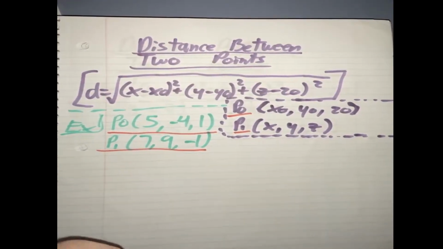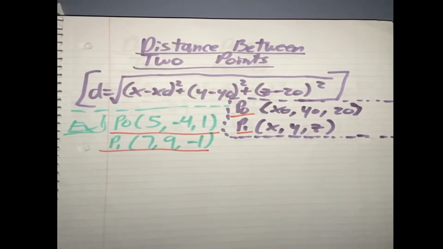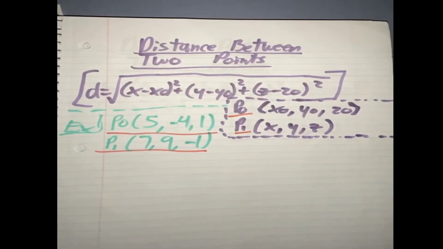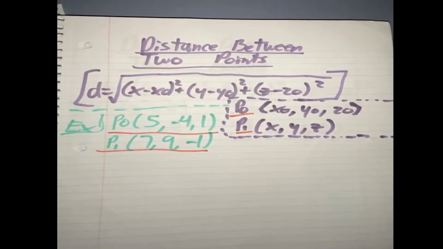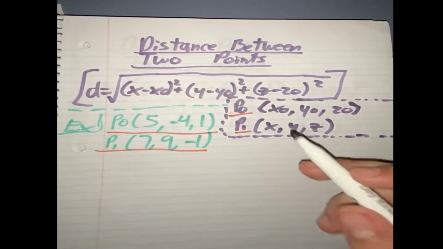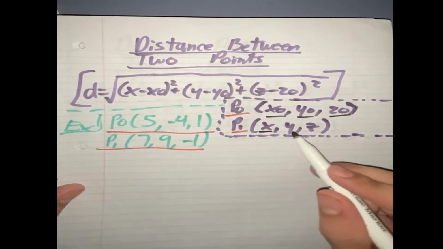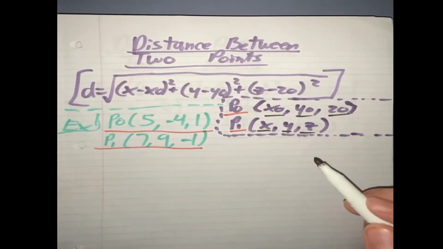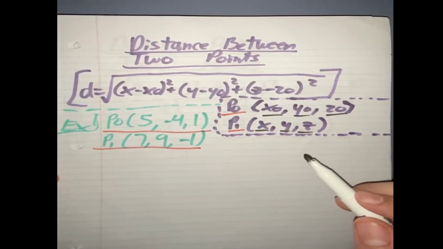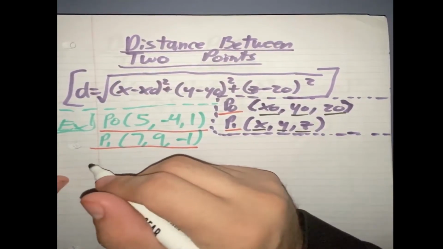So the next step is to identify what is P naught and what is P1. So your P naught is equal to X naught, Y naught, Z naught, and your P1 is equal to X, Y, and Z. So in order to find the distance between these 2 points, we literally just plug it in.